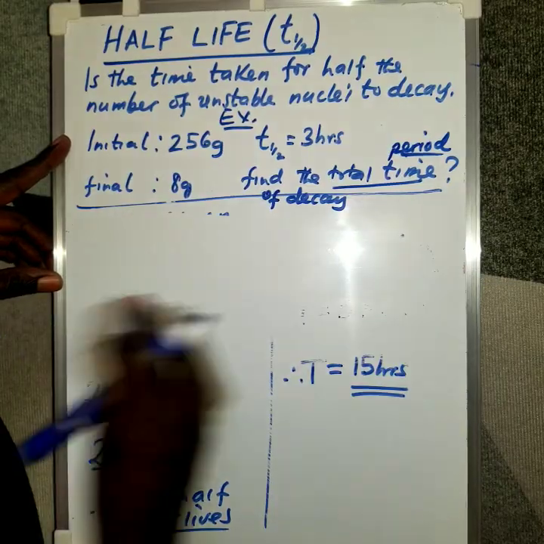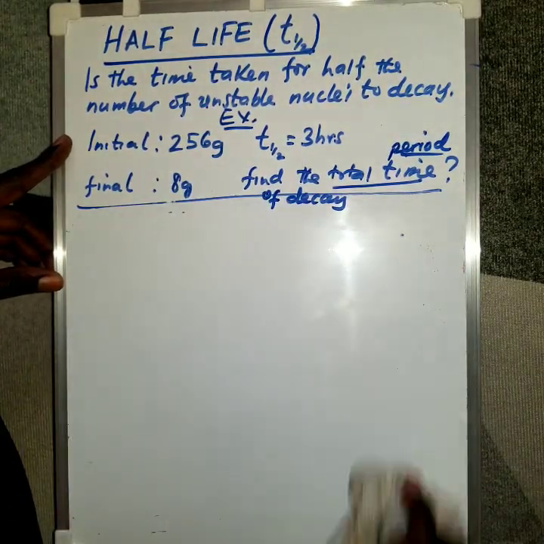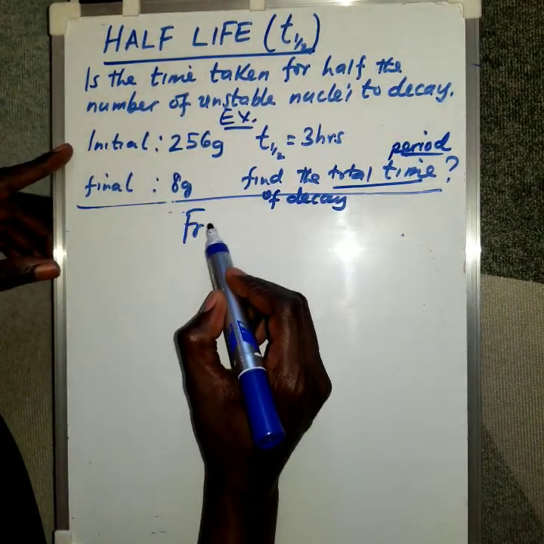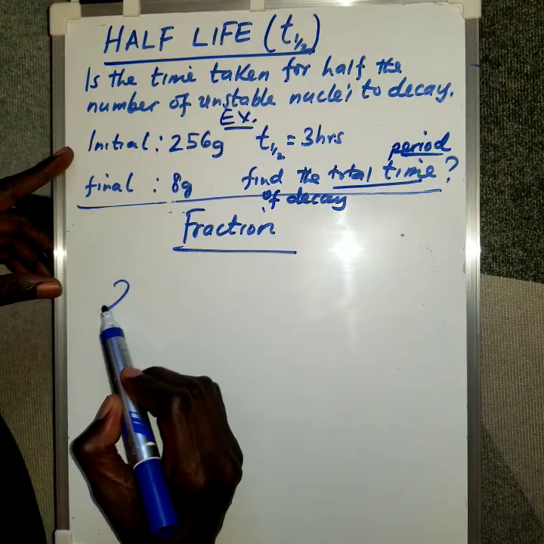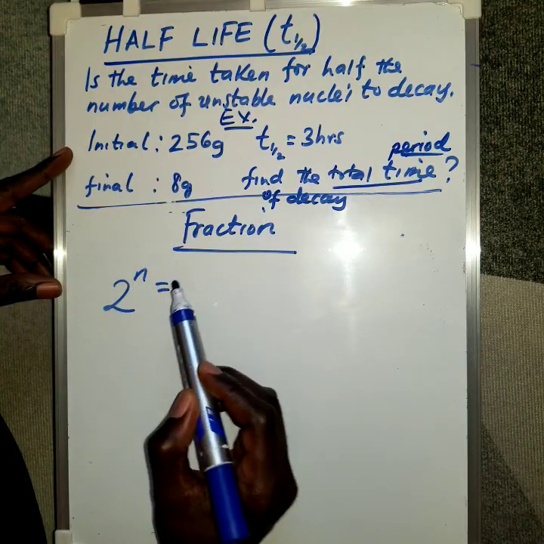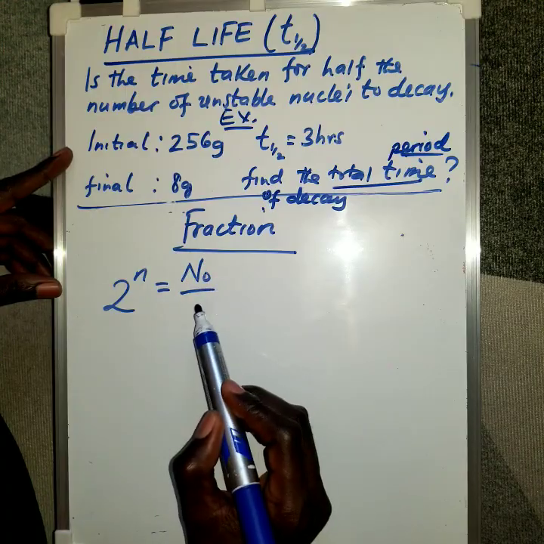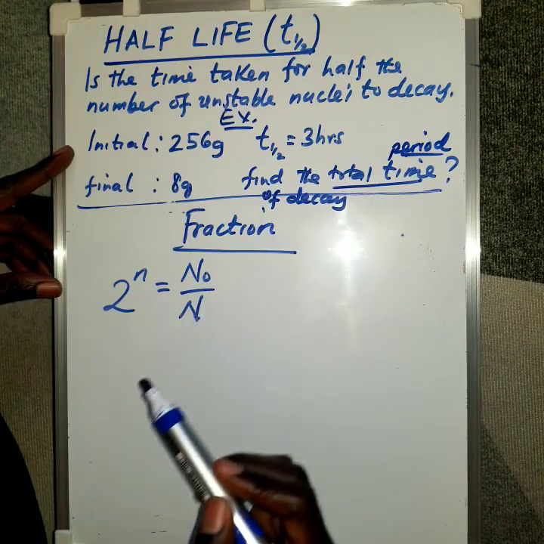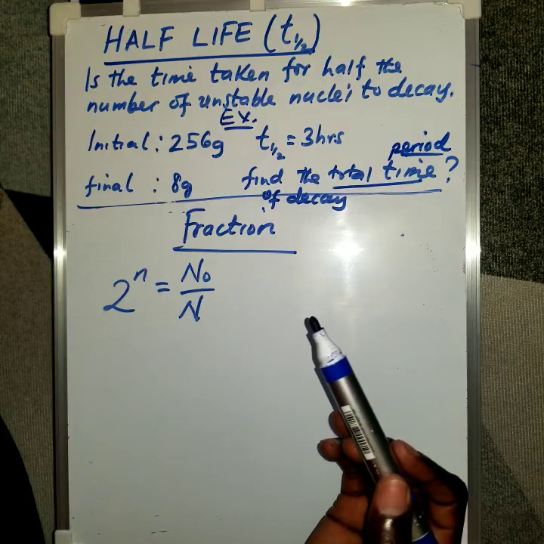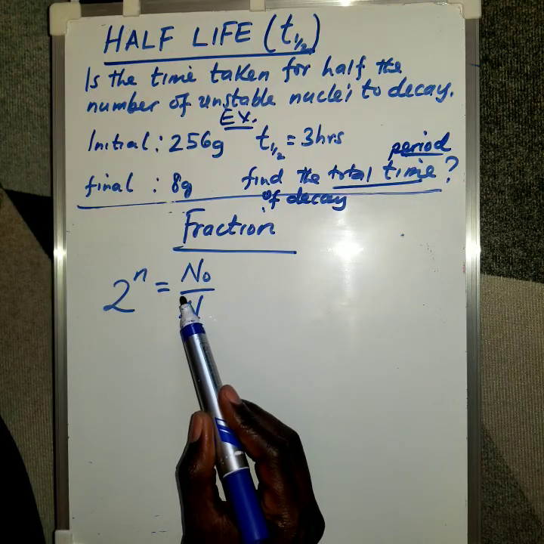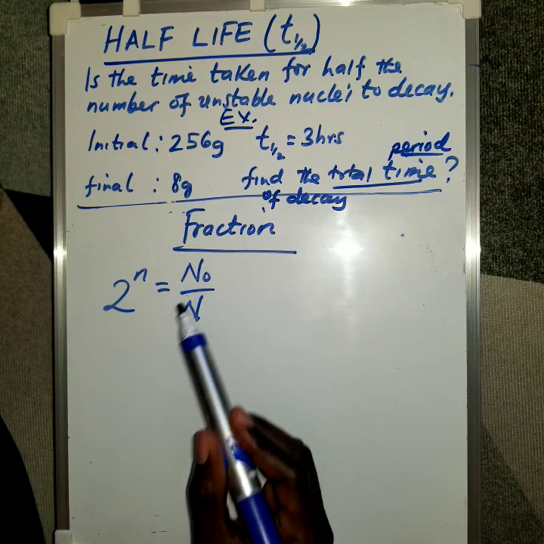Now sometimes they can even tell you what fraction. If you want to get the fraction of what is going to remain, using the same exponential equation, 2 raised to the power n is equal to the initial divided by the final, since you want to know just the fraction, you can make N the subject of the formula.